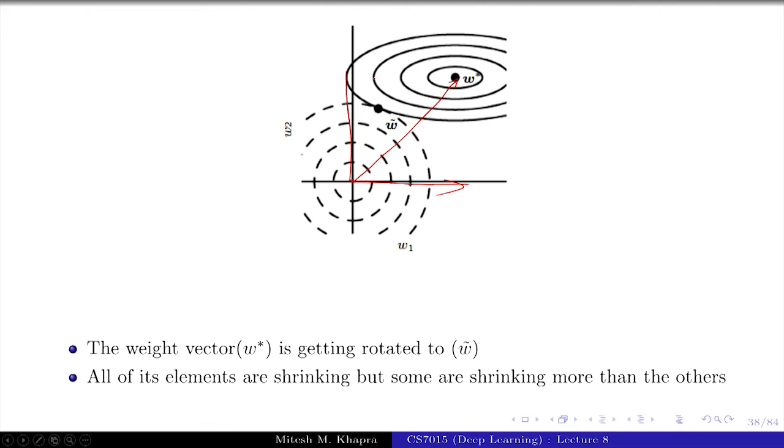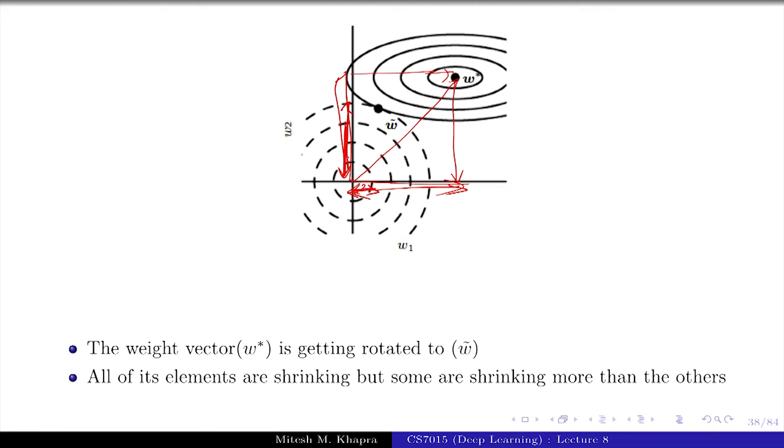Now, in the original case, both these weights seem almost equal, right? If you look at the W1 coordinate and the W2 coordinate, they were the same. After this regularization, what are the new coordinates for W1 and W2? This is the value of W1 and this is the value for W2. Both of them are admittedly smaller than the original values in the absence of regularization.